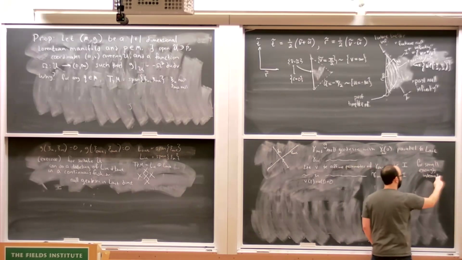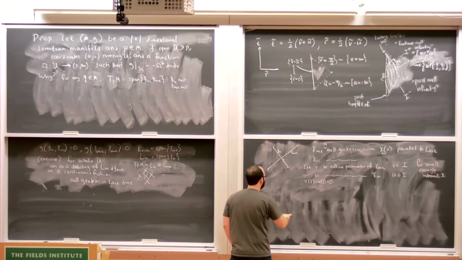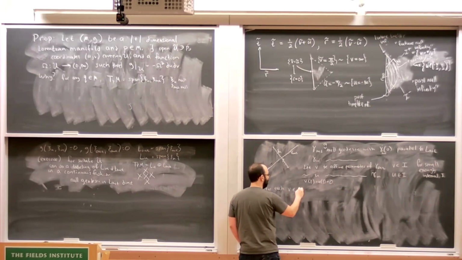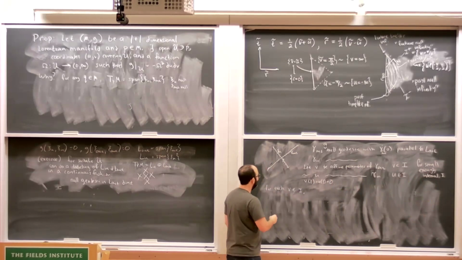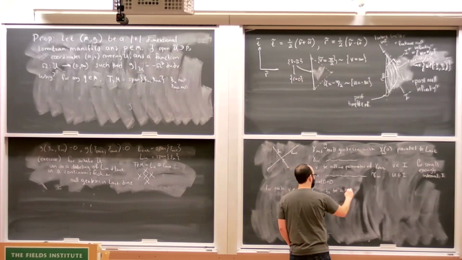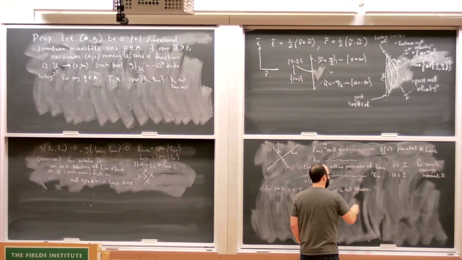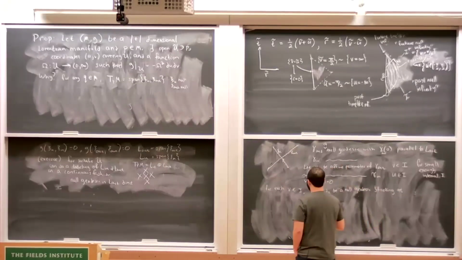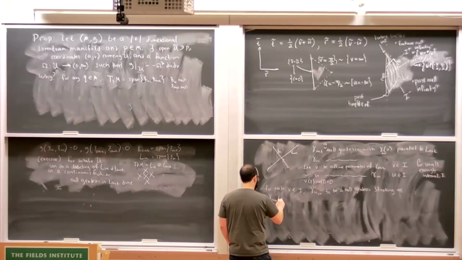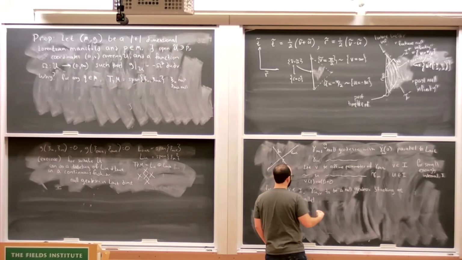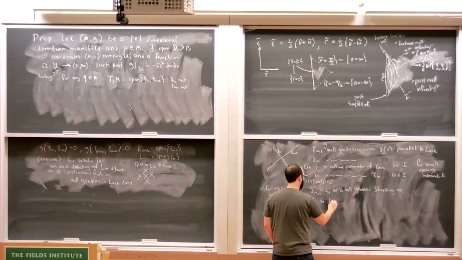Right, small enough interval I. Okay, and now for each V in I I can define gamma in comma V to be a null geodesic starting at gamma out of V and parallel to L in.